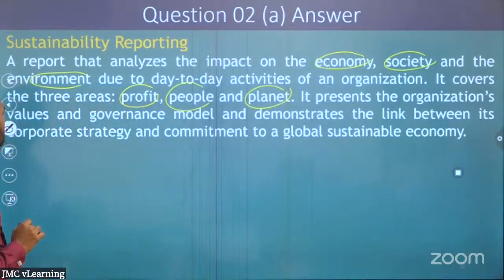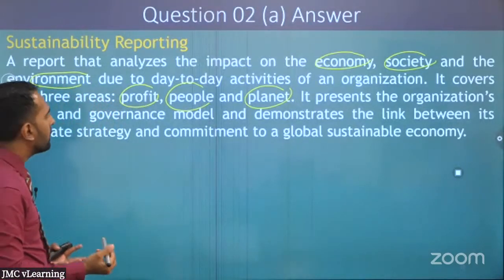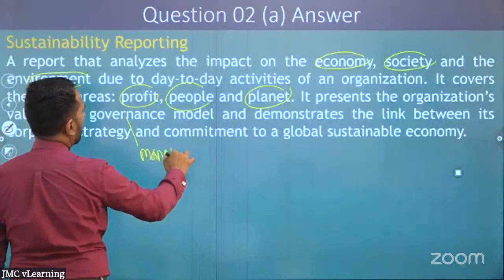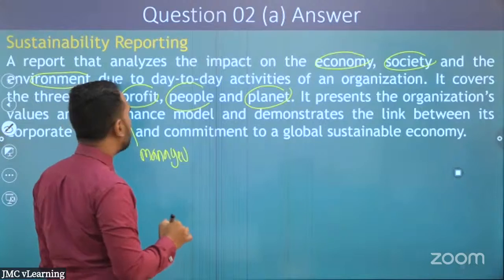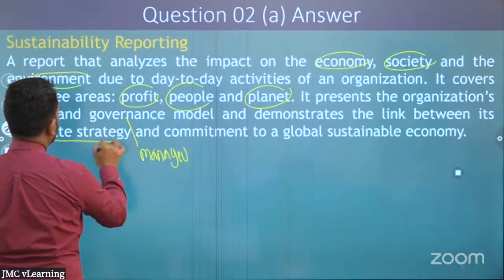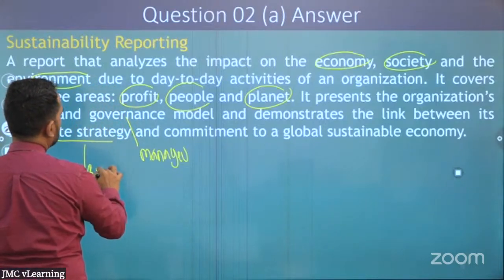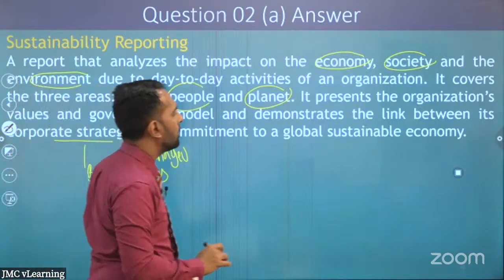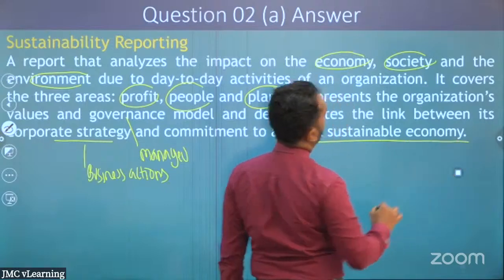It presents the organization's values and the governance model, how the business is being managed, and demonstrates the link between its corporate strategy, its business actions, and the commitment to a global sustainable economy.